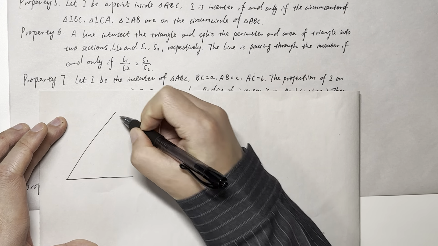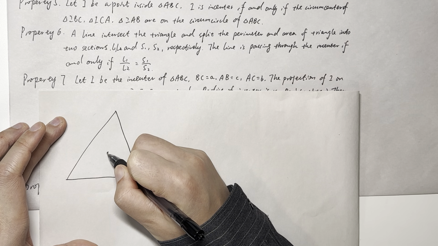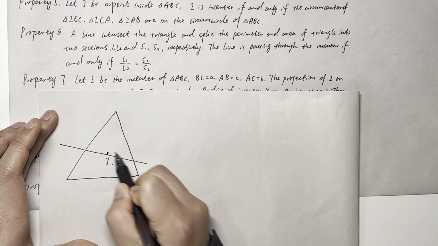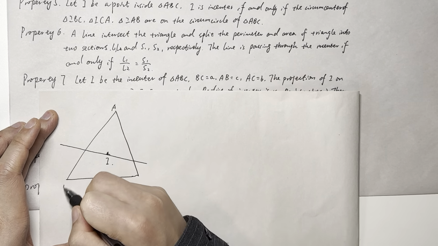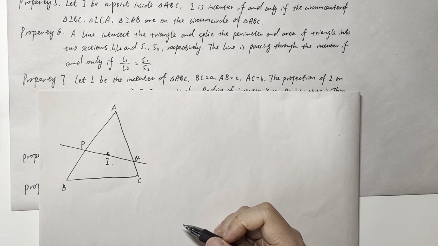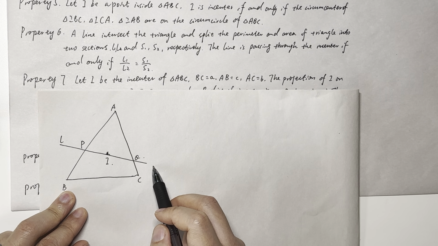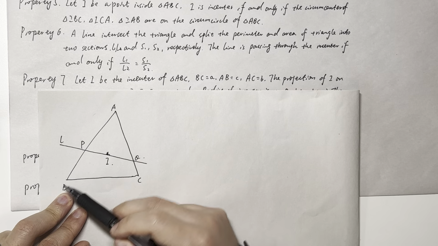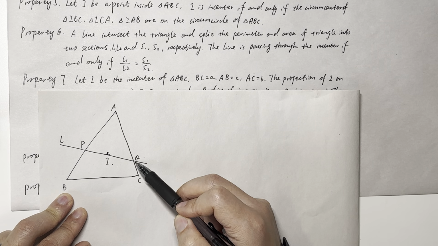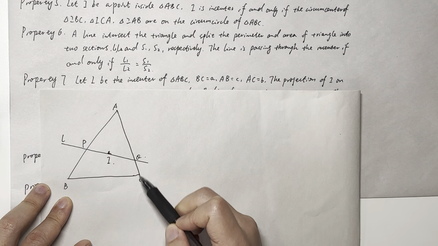So let's draw this. This is point I. Okay, so A, B, C, P, Q. Right, the line L splits the triangle ABC into two parts: the triangle APQ and the quadrilateral BCQP.